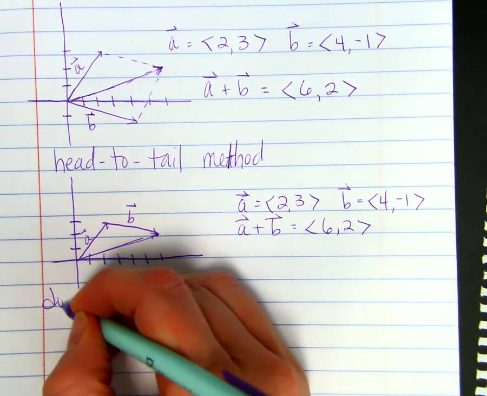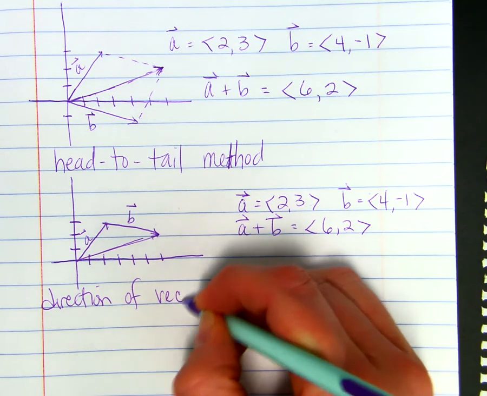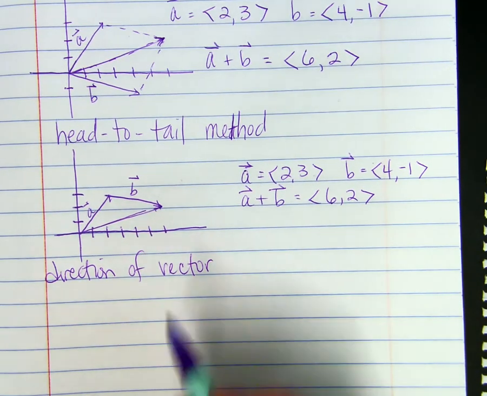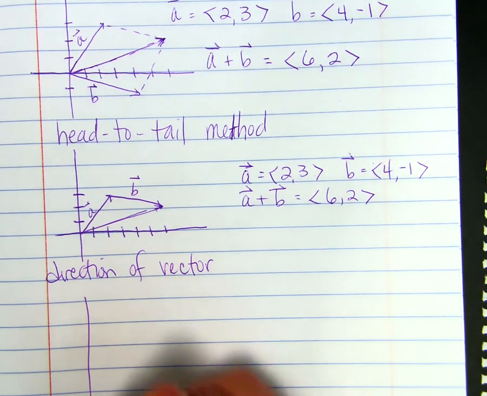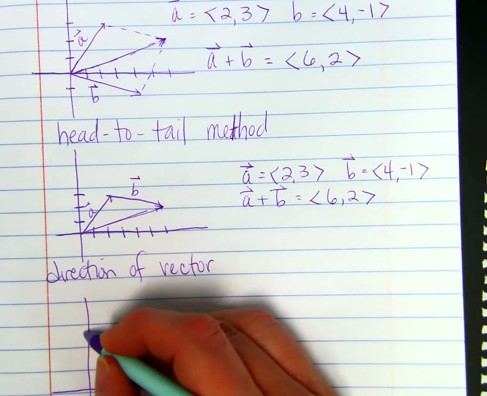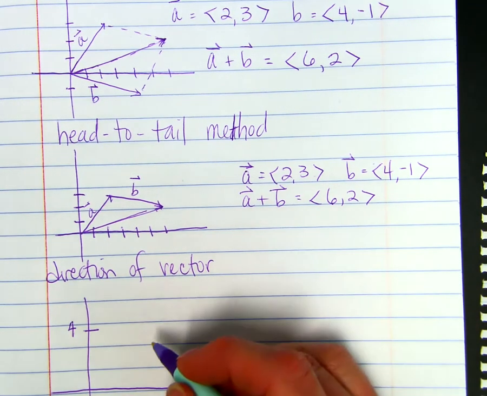Okay, so direction. So the direction of a vector. Remember when we first started talking about vectors, we said vectors have both magnitude and direction.